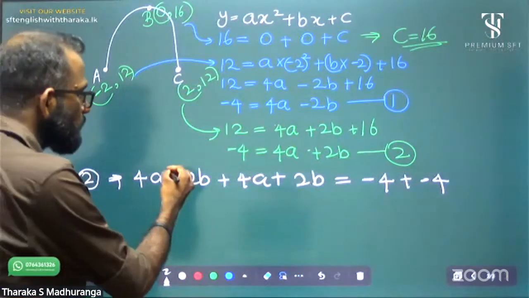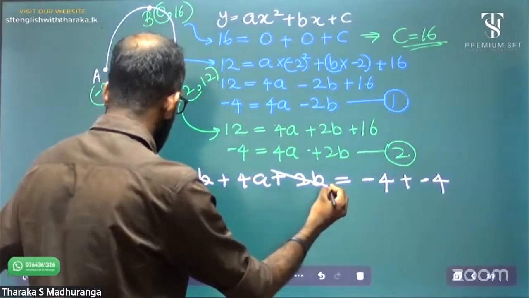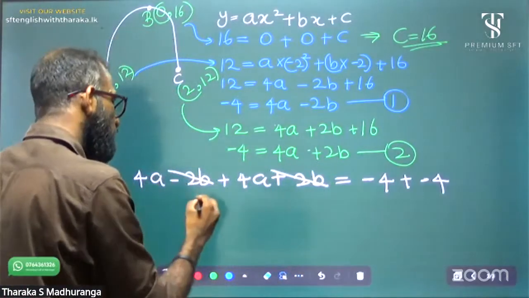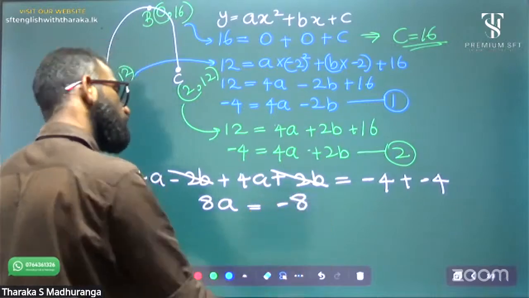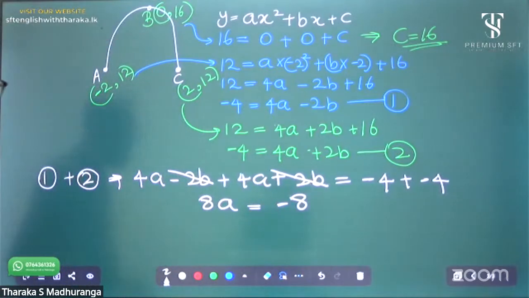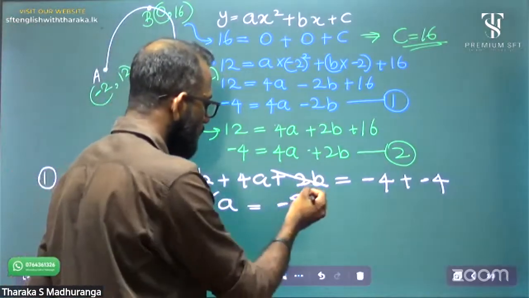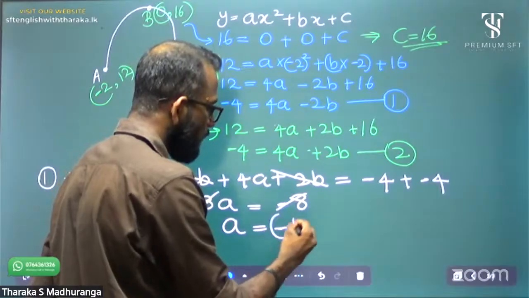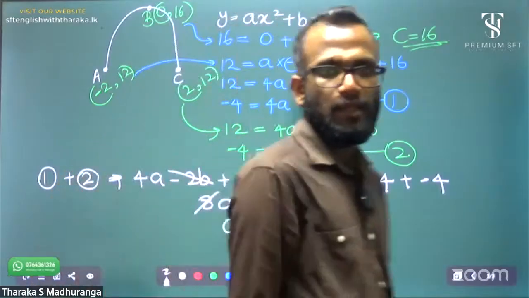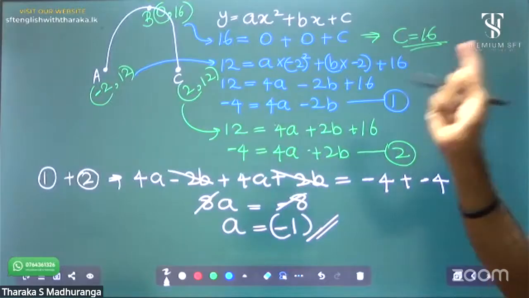Now minus 2b and plus 2b cancel out. 4a plus 4a is 8a, equals minus 8. Now 8 and minus 8 cancel out. A equals only minus 1 remaining. The a value is minus 1.